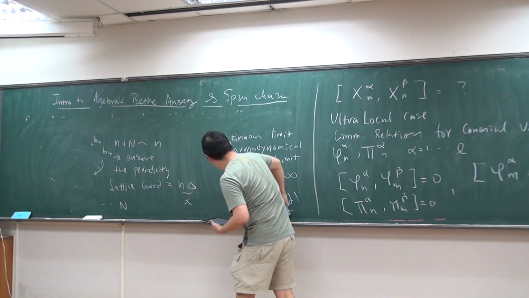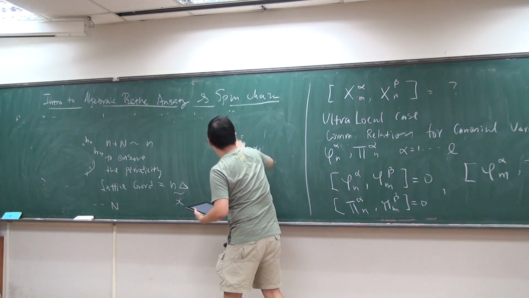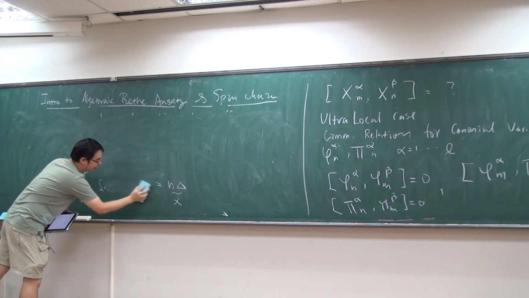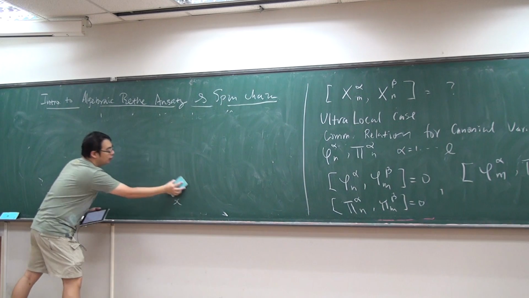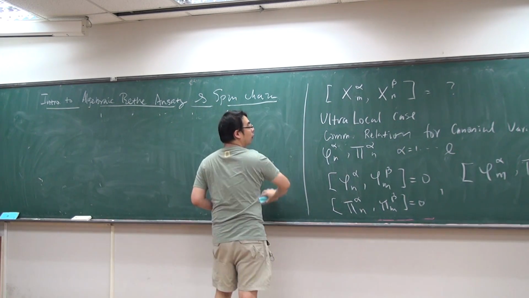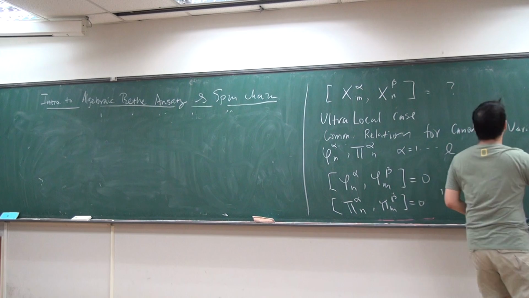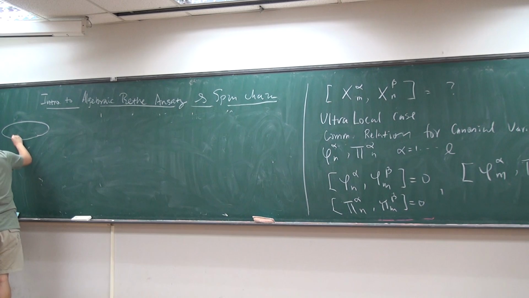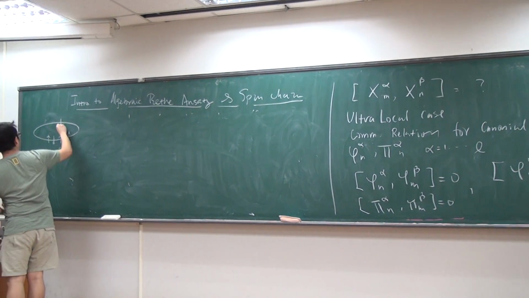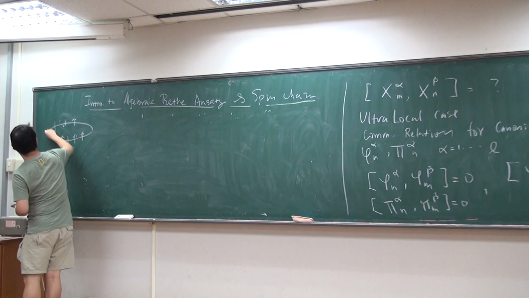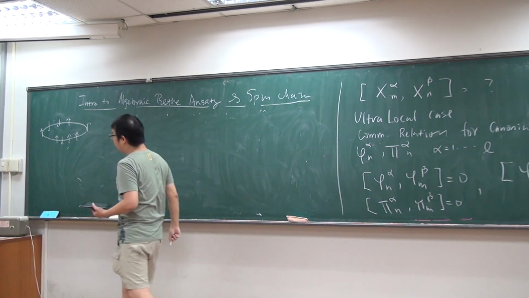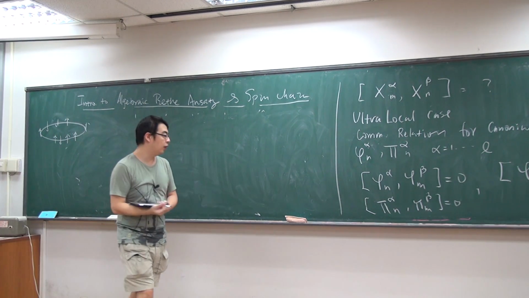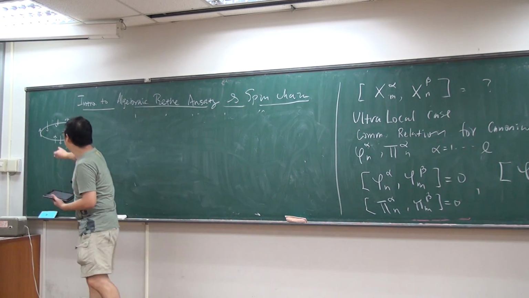So a particular class of observables we will be interested in are the usual kind of spin associated with each lattice site. So for example, if you have an electron, you can have spin up, spin down, or another representation given whatever symmetry group you have at each lattice site.